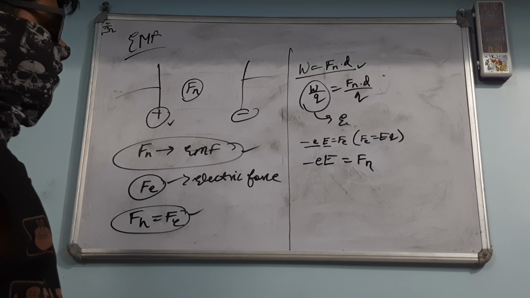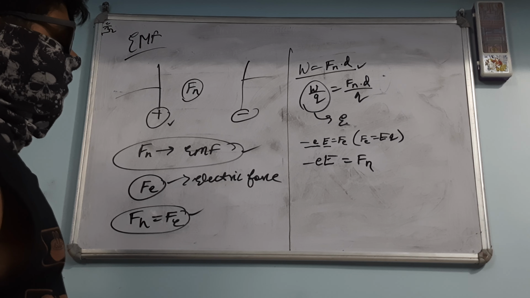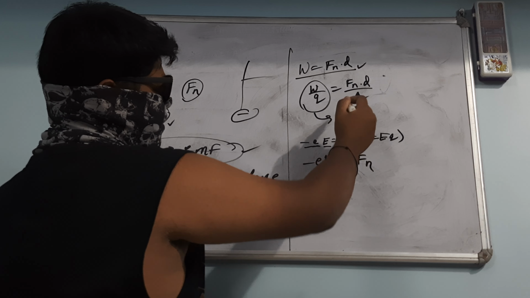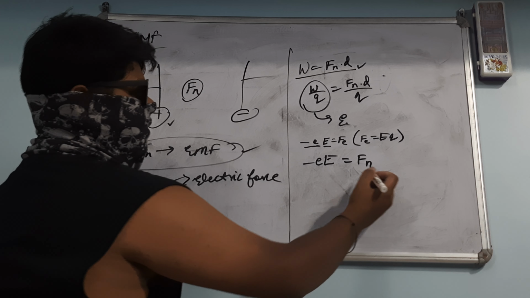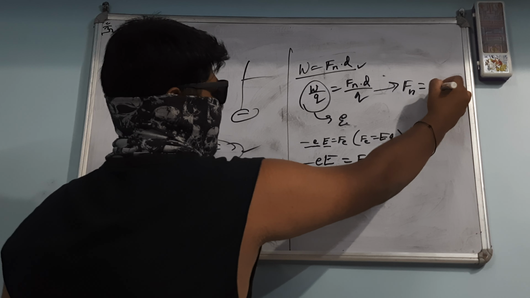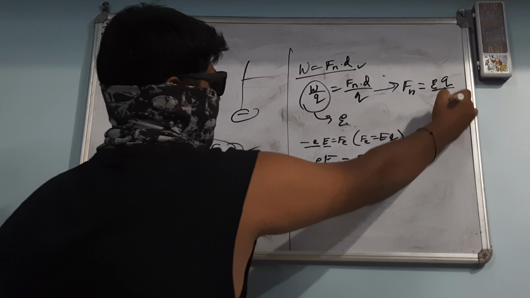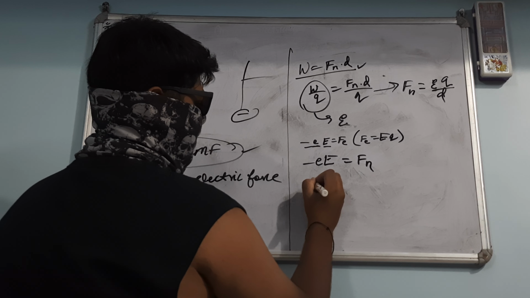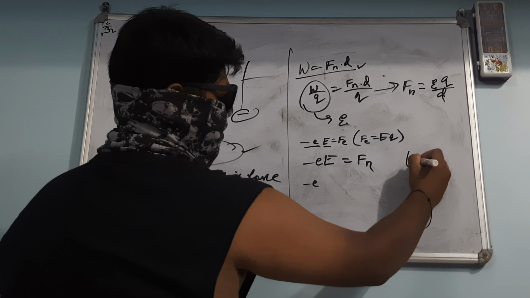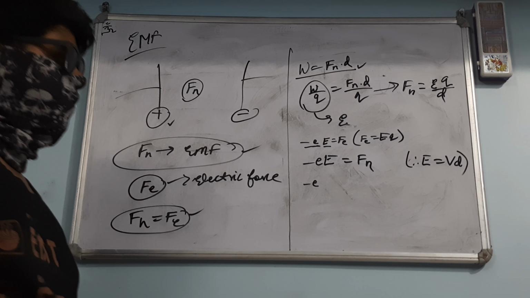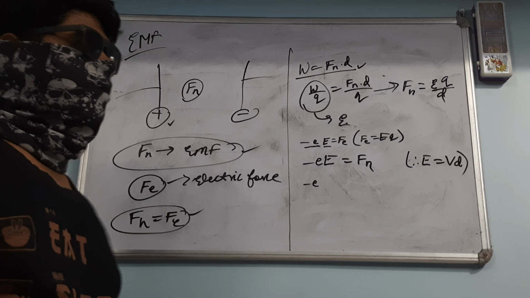So now we can see that Fn we will get from here. So Fn is equal to EMF Q by D. This is Fn. So minus E, and as we know, E is equal to Vd. So we will replace E by Vd.